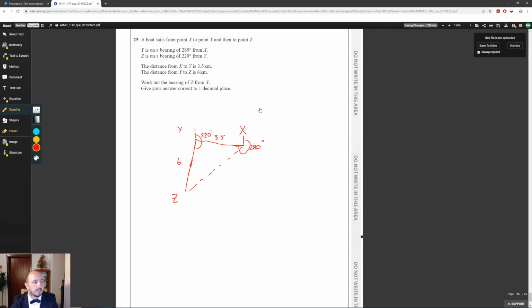Okay, so let's kind of try and tidy this up a bit. We're going to go 280 to 220, and we're going to have another triangle going back up there. Let's just get rid of all this.